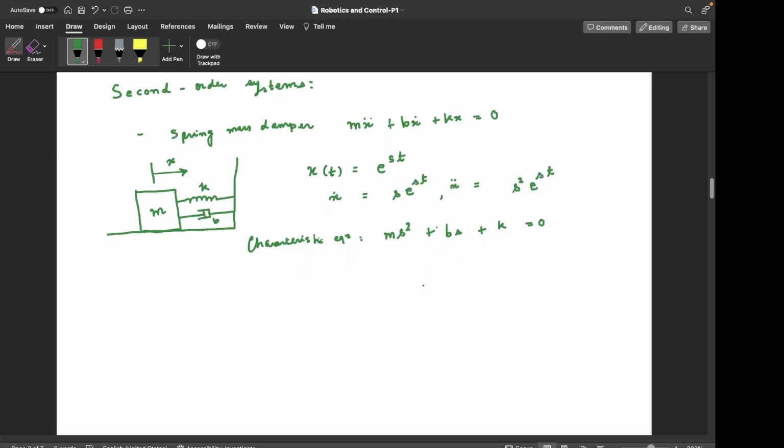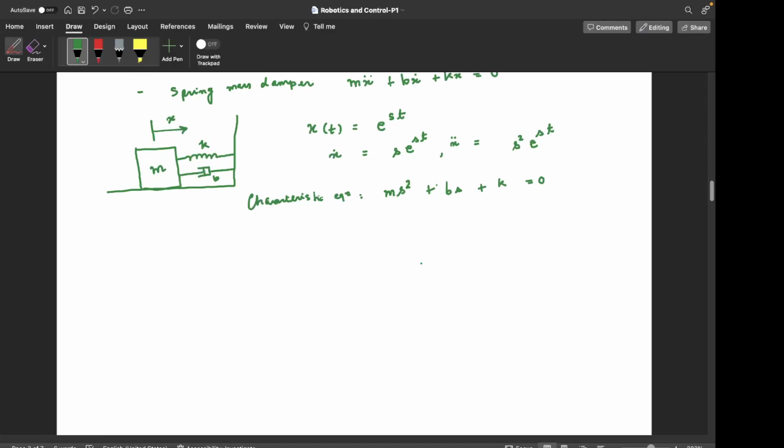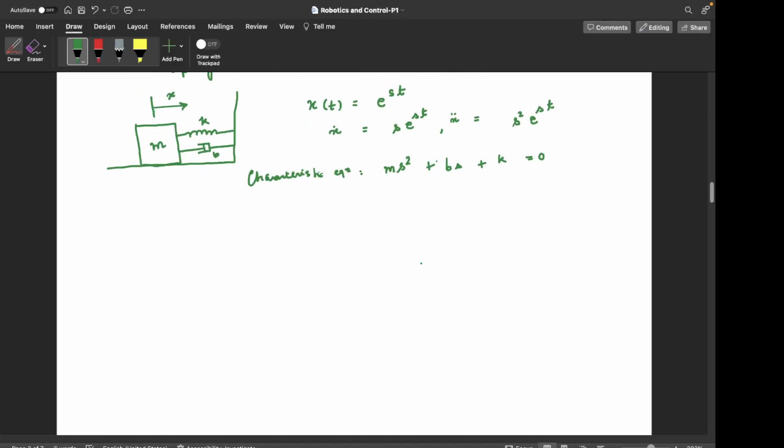Now this is a very familiar looking quadratic equation, right? And we can always find certain conditions on these m, b and k such that it changes how many roots this quadratic equation has.